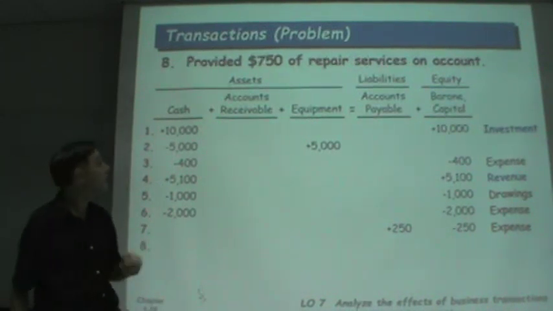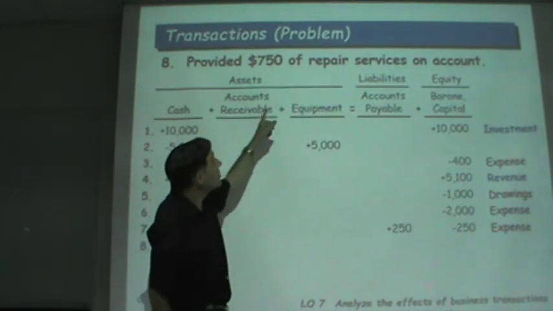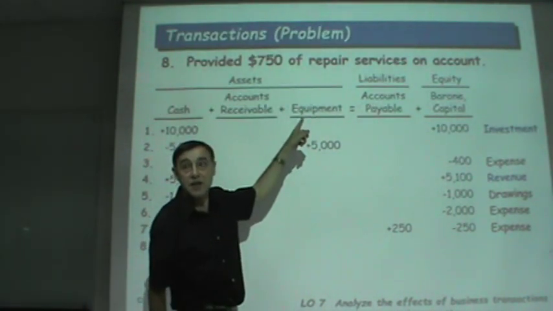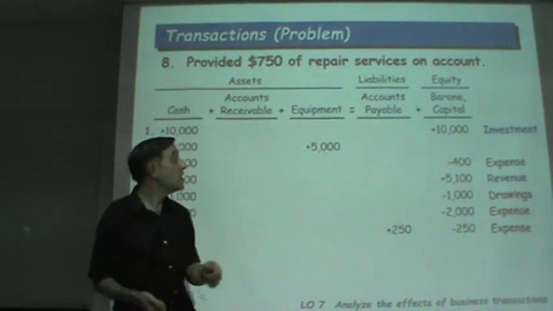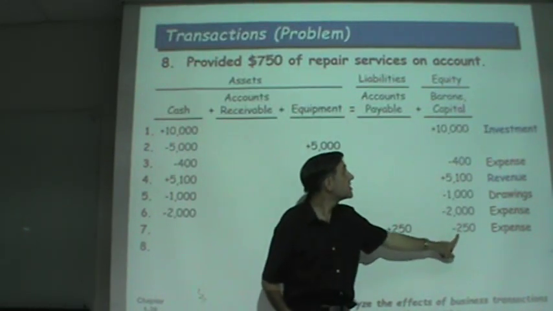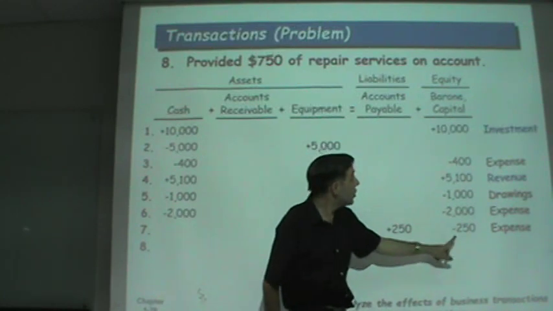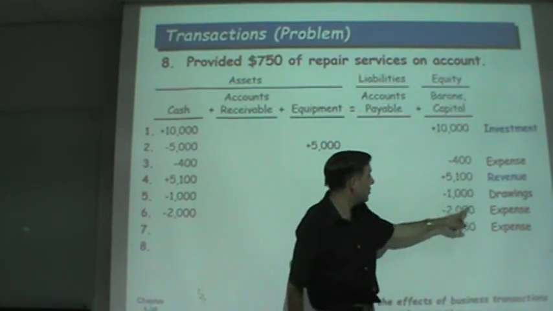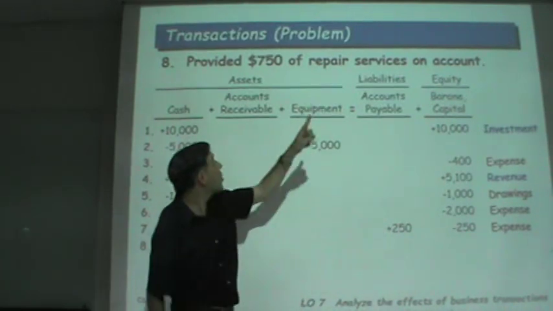Number 8. Provided 750 of repair services on account. Repair service is a revenue. If it's a revenue, 750 will be plus 750 for the equity. Okay? So revenue is the same as this revenue. Plus 750, and it's on account.